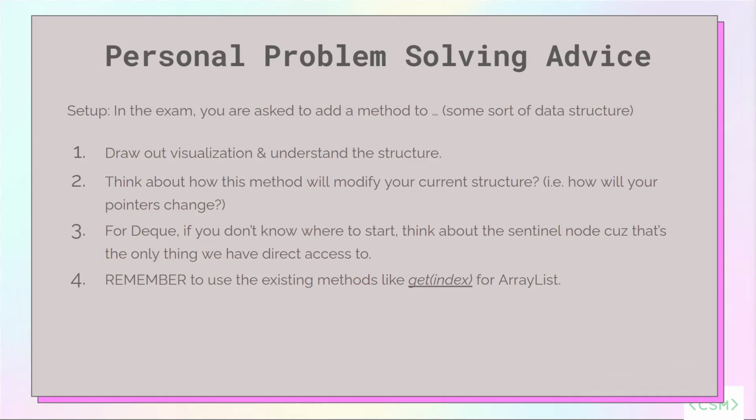For example, how your pointers are going to change, or how things are going to be removed. For a deque, if you have no idea where to start, I would always think about using the sentinel node, because that's the only thing we have direct access to. For other things, you usually will have sentinel.next or sentinel.prev or something like that. And remember to use the existing methods, like get index for array list.